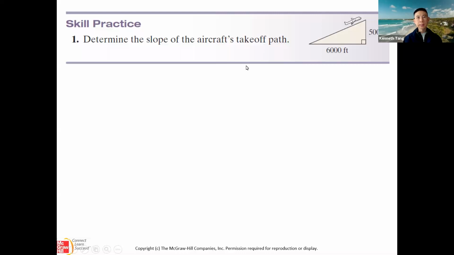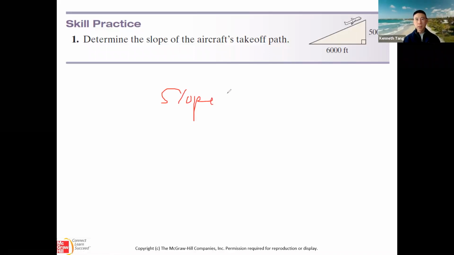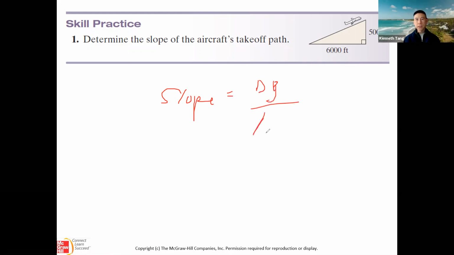Here we determine the slope of an aircraft's take-off path, given a change in y equal to 500 and a change in x equal to 6,000. We use the formula: slope equals change in y over change in x.